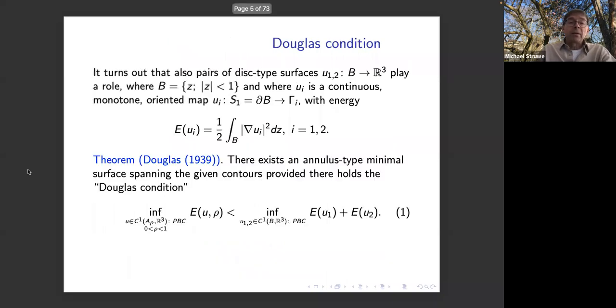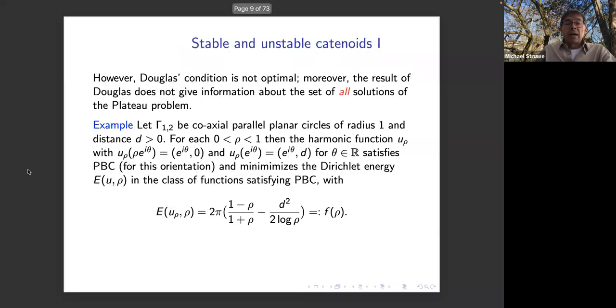And in this case, this energy can be, for each rho between 0 and 1, computed explicitly. Because, well, it's plausible, at least. I don't even have an exact proof for this.